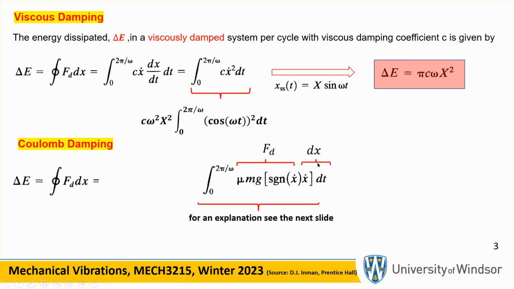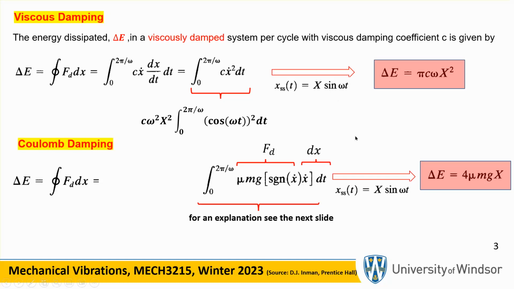And this is your dx, exactly like what we did up here. And if you work it out, under this kind of an applied sinusoidal load, which results in this kind of a steady state motion, it's going to come out to be this. Now, I'll show you in the next slide why this falls out of that.